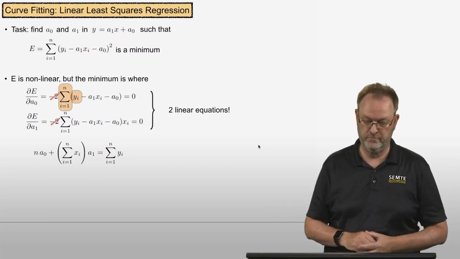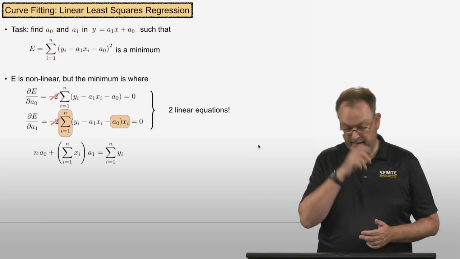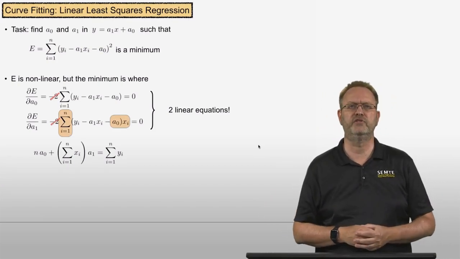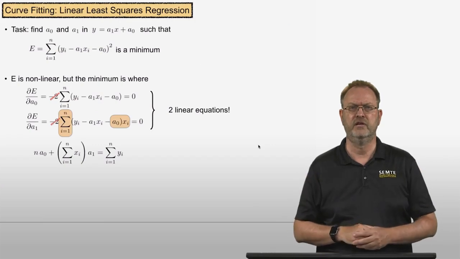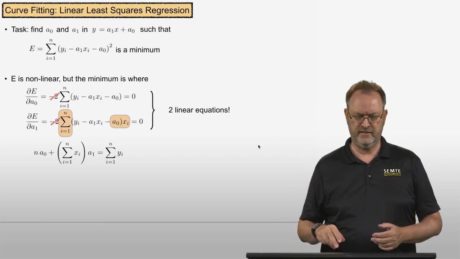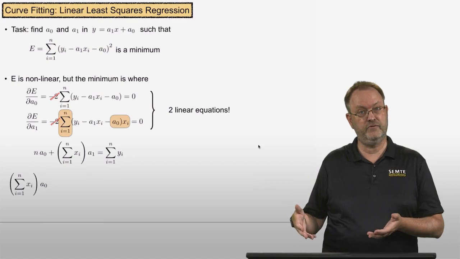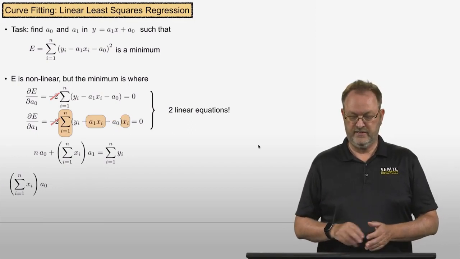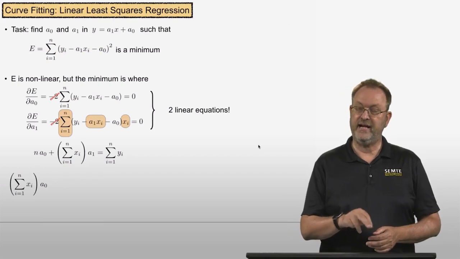That's the first equation. The second equation, I just do similarly. I apply the sum operator to each one of the terms in the parentheses. So I first get the sum of all the x values times a0. And then the second term has xi times xi.